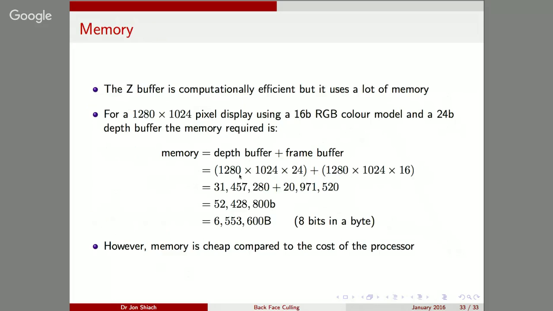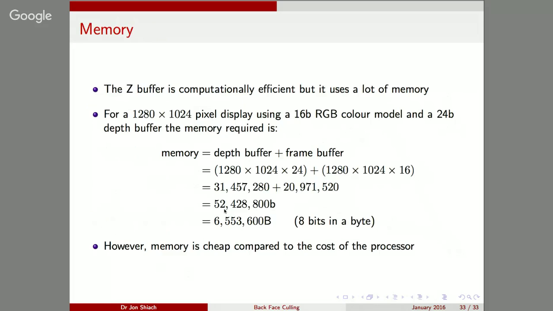So in total, we have 1,280 times 1,024 pixels, times the 24 bits for the depth buffer, and also times the 16 bits for the frame buffer. Do all the sums, and we get about 52 million bits. A bit is just a 1 or a 0 in computer speak.